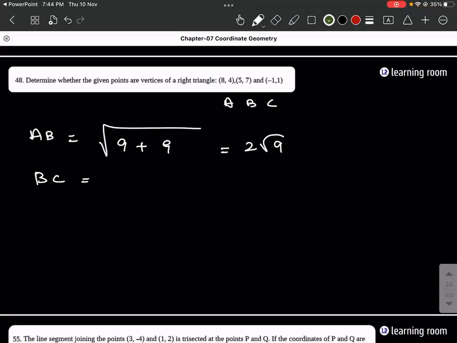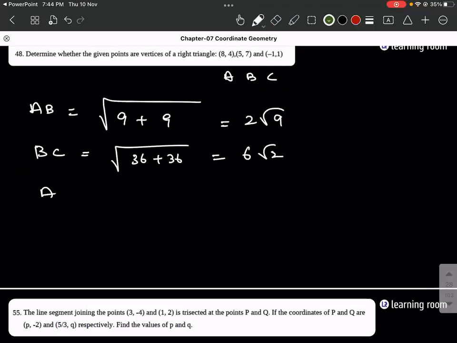BC will be root of 36 plus 36. That will be root 72, means how much is it? 6 root 2. Similarly, AC will be equal to root of 9 square is 81 plus 9. So root 90. Root 90 means 3 root 10.